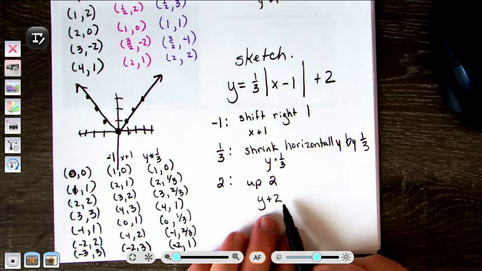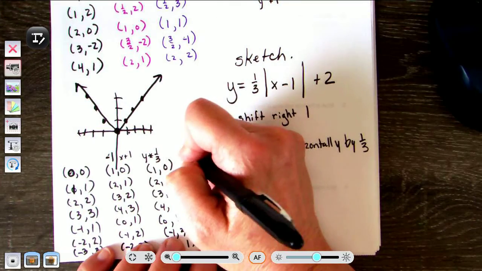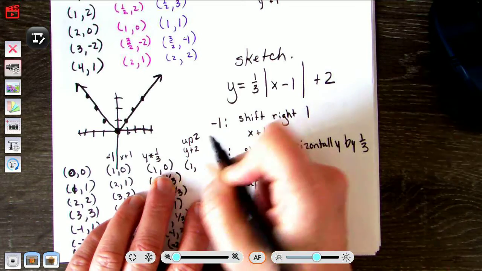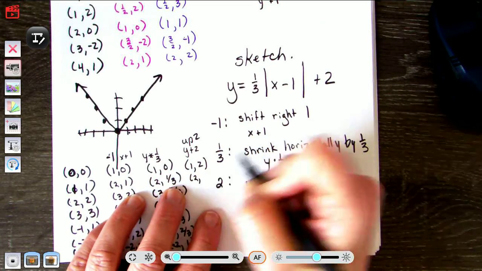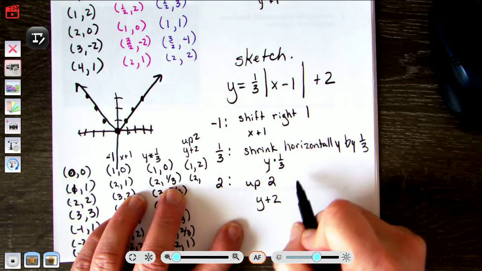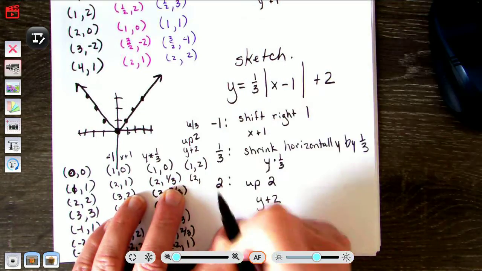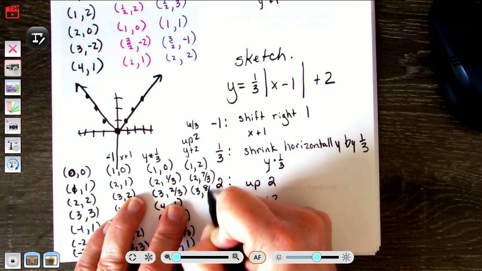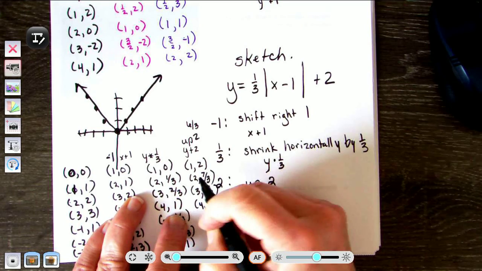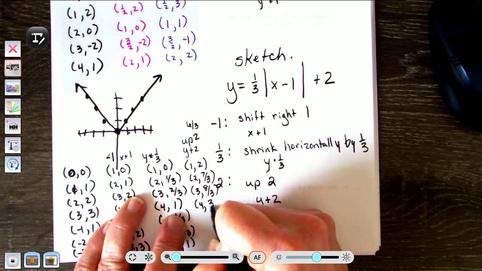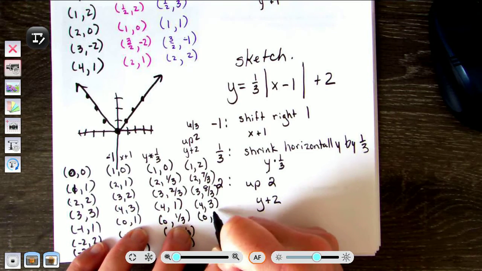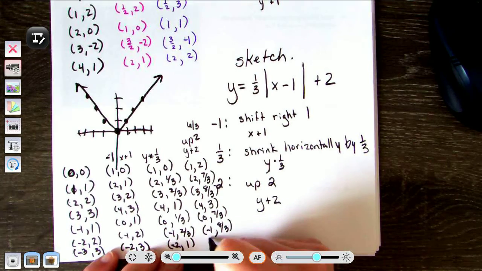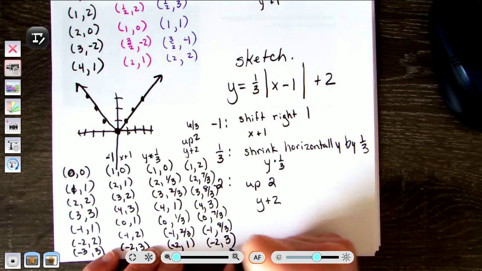And our last thing is we're going to go up 2, so we're going to add 2 to all the y's. So up 2. So (1, 2), and if I do 2 in terms of thirds, that is 6/3. So this would be 7/3. This would be 8/3, and we're up to 3, 7/3, 8/3, 9/3, or 3.